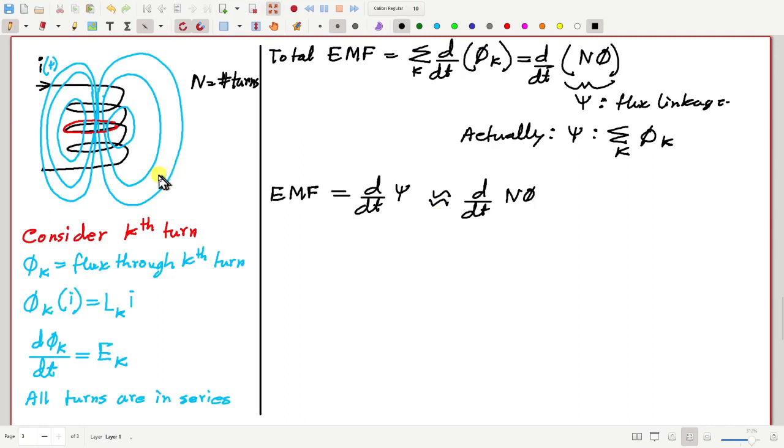Now we need to know how much phi k is to get the value of EMF. To calculate phi k, we need to know the flux paths beforehand.